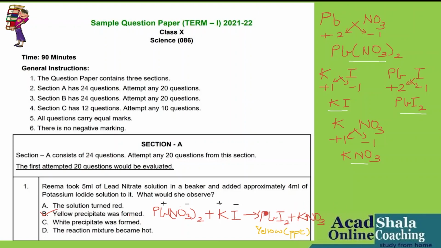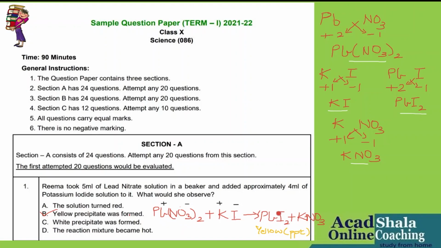Now I also know with my information that lead iodide is a precipitate which is formed in the reaction, and it is also yellow in color. Now, according to my information, precipitation reactions are also known as double displacement reactions, so it has two names.